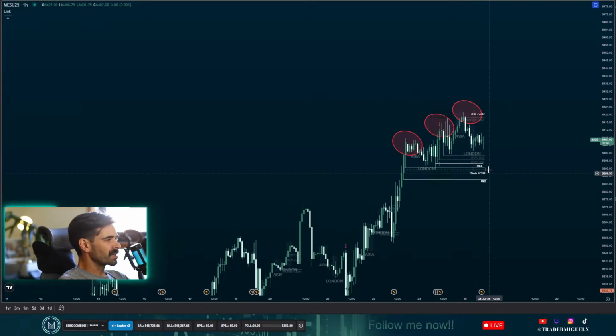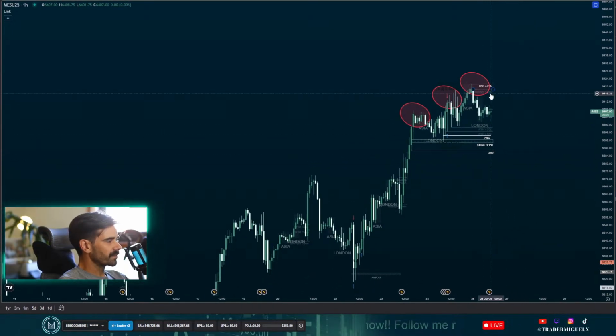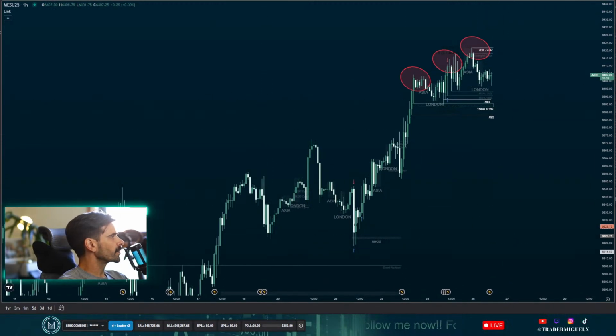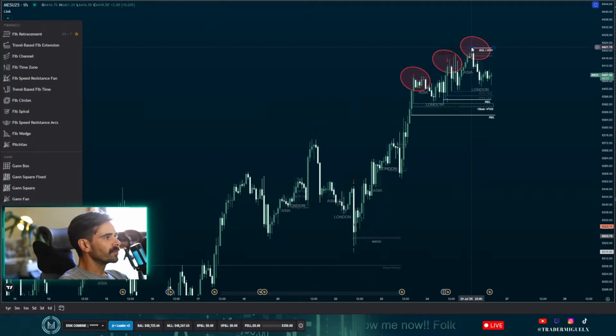And since it's Friday, it might have some conflicts with the Thank God It's Friday setup, which represents a 30% retrace from the weekly range.